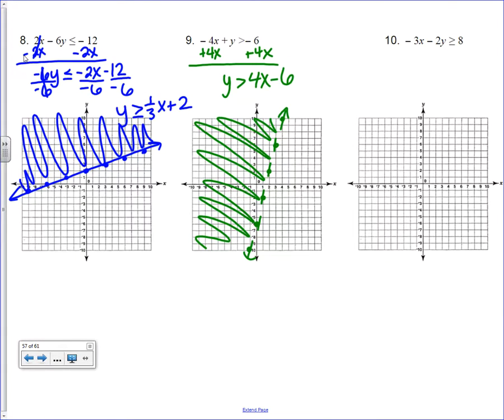How we doing? Any issues for me? No? You sure? Okay, you isolate the y in number 10 then. Get that y alone.